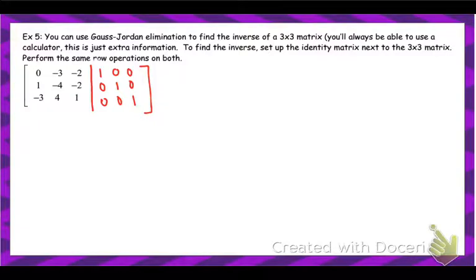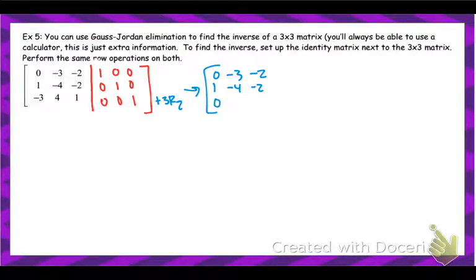All right, so whenever we did that Gauss-Jordan elimination, we tried to get our zeros over here. Well, I've already got one zero, so that's good. But let's go ahead and get another zero. I'm going to get this one, because that one's going to be pretty easy. I can do that by adding 3 times R2. So top row has not changed. Second row has not changed. Negative 3 plus 3 is 0.